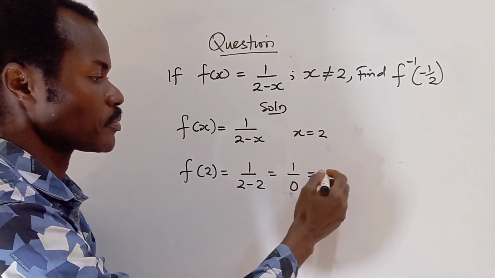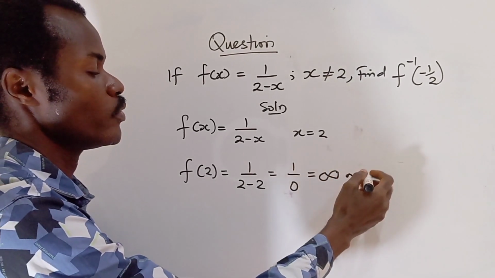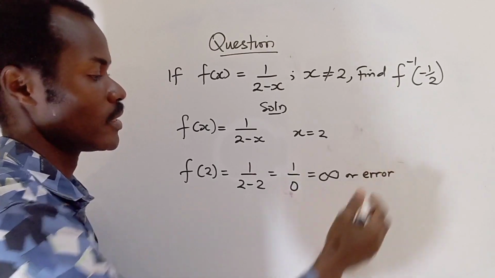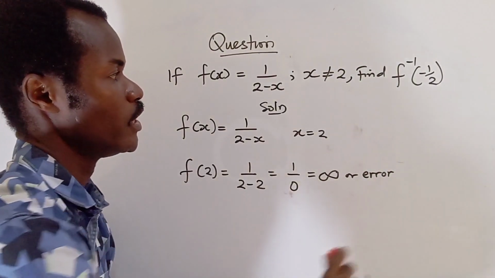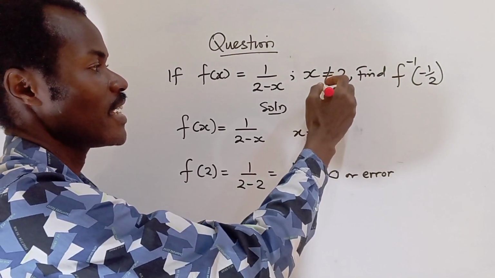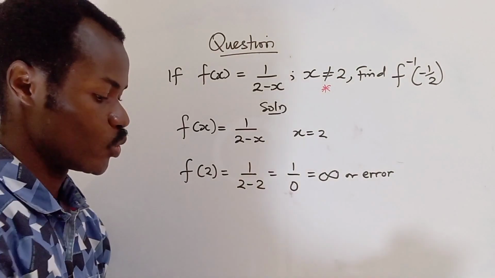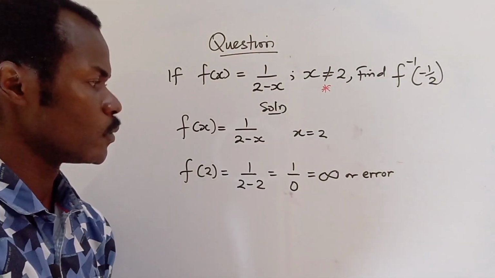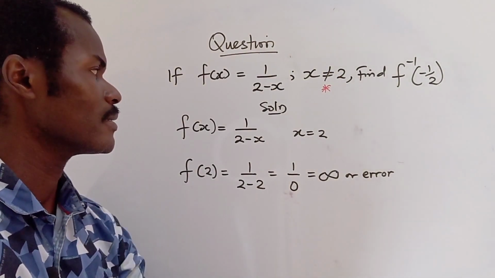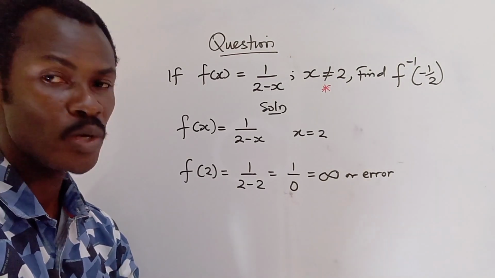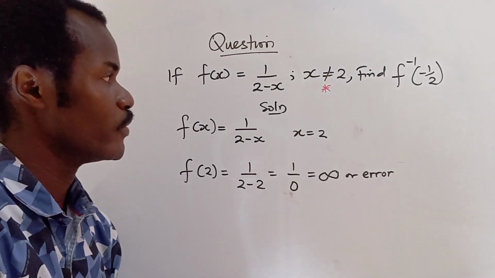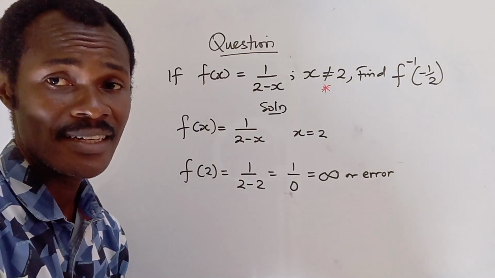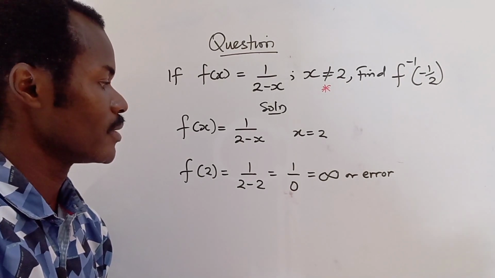This is infinity, or if you push your calculator, it says error. So that is why the equation has told us that x is not equal to 2. Now let's see how we are going to apply the inverse method of solving for a function like this and see what that gives us.